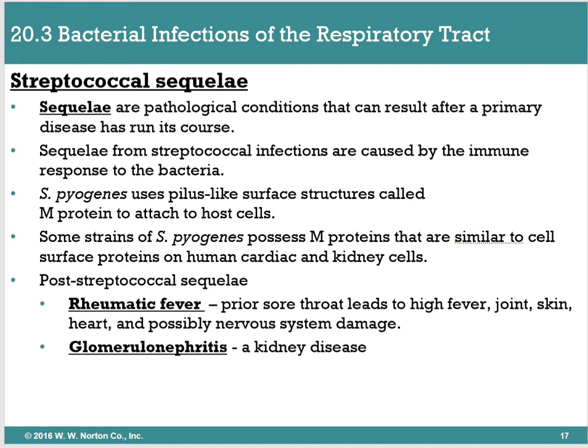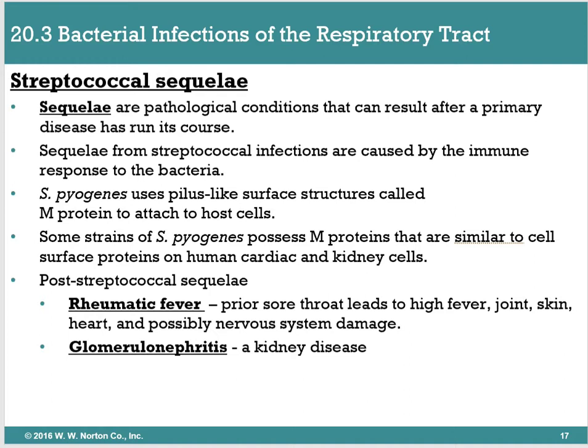And with that, you can have two presentations. You can have rheumatic fever, which is the inflammation and soreness of your joints, your skin, and your heart. And sometimes it can even be of your nervous system. But generally, it's kept to your joints and your skin and heart.